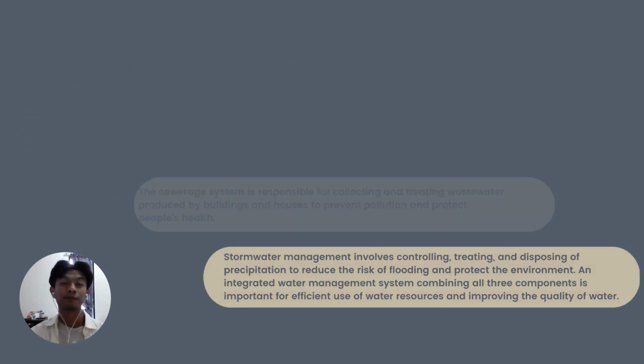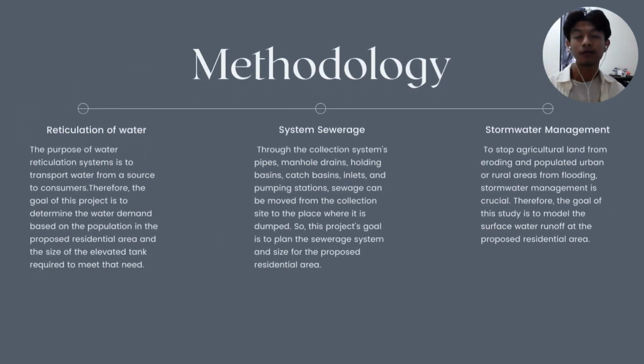For the methodology, the purpose of a water reticulation system is to transport water from a source to consumers. Therefore, the goal of this project is to determine the water demand based on the population in the proposed residential area and the size of the elevated tank required to meet the need.